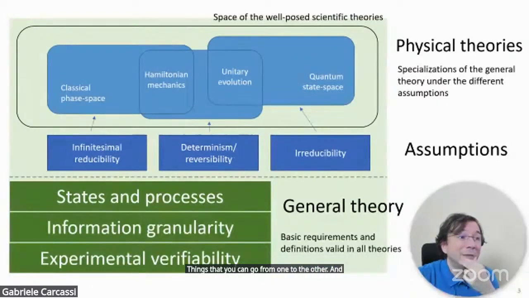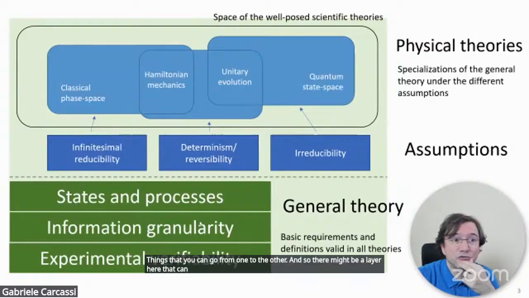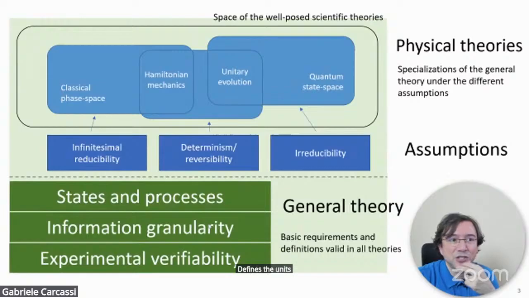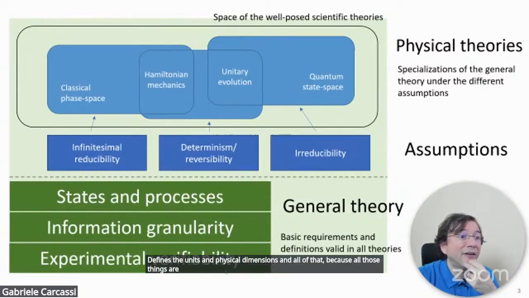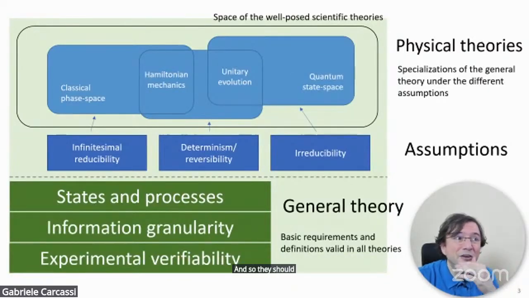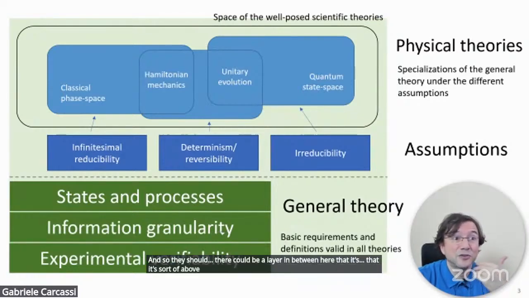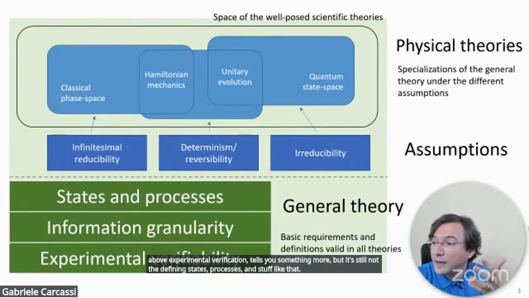And so there might be a layer here that can be constructed in a way that is general, and it should also be the layer that defines the units and physical dimensions and all of that, because knowing that there are statements that are verifiable is not enough to tell you what units are. And so there could be a layer in between here that is sort of above experimental verification. It tells you something more, but it's still not defining states, processes, and stuff like that.